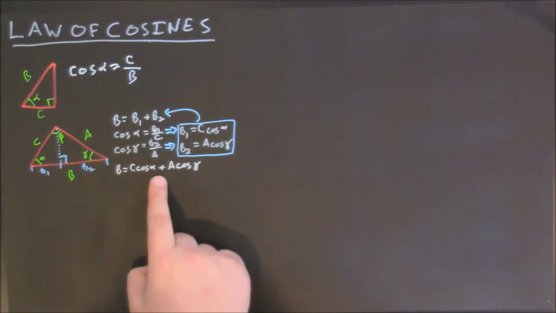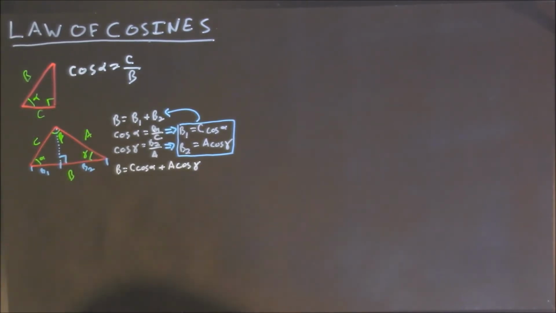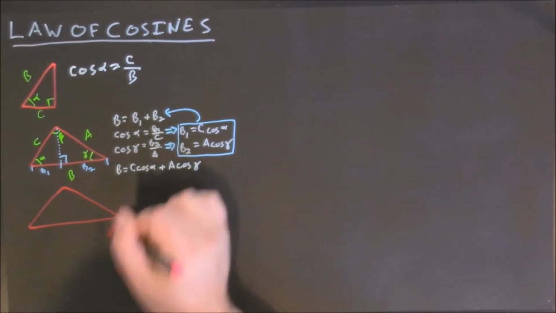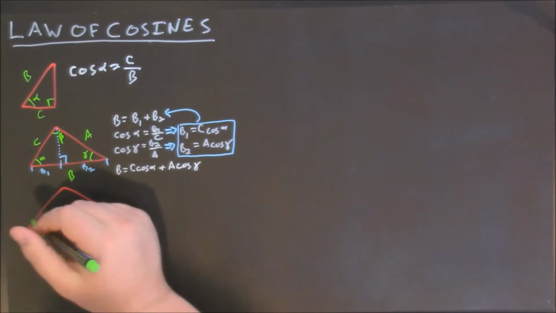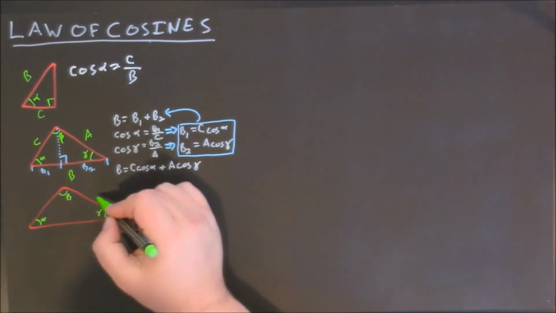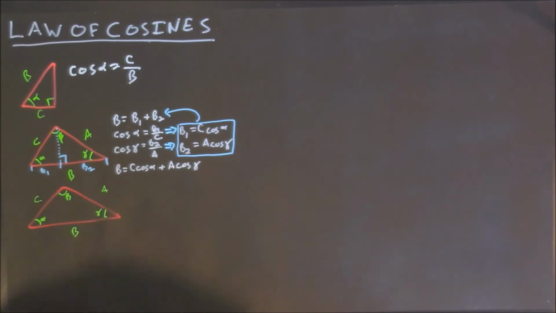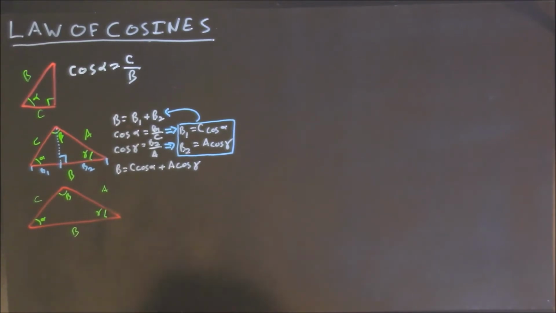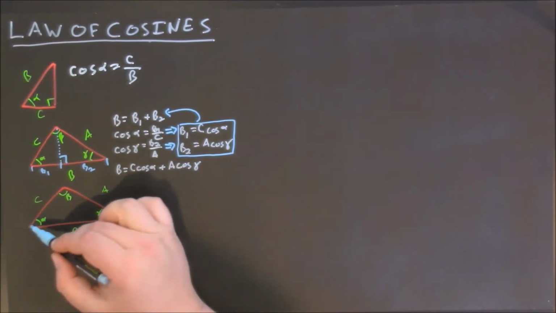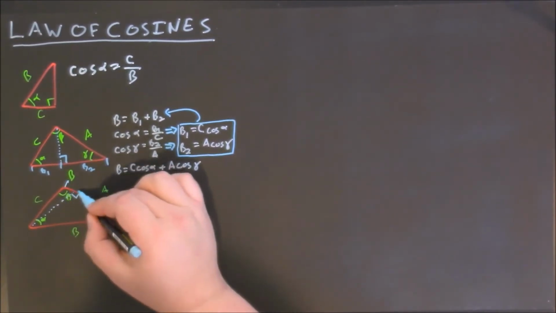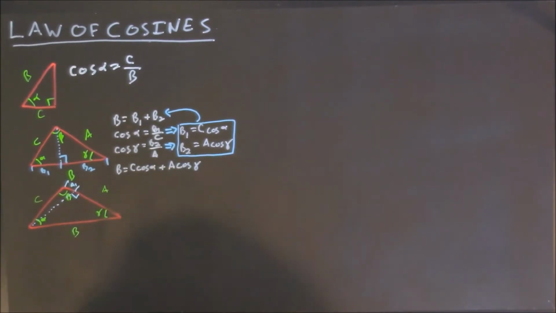So now we have one equation. But we need to repeat this procedure for the other two sides. So let's say we have the same triangle as before, with the same angles as before, alpha, beta, and gamma, and then sides A, B, and C. We're going to repeat the procedure of drawing a line that's perpendicular to one of the sides, but we're going to pick a different side, in this case A. We split A into A1 and A2.